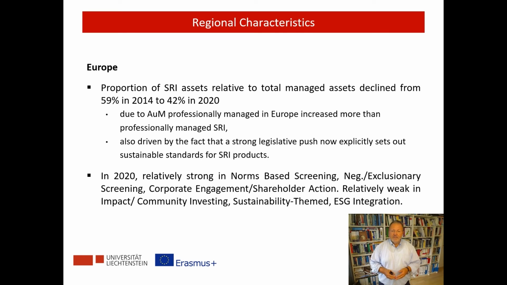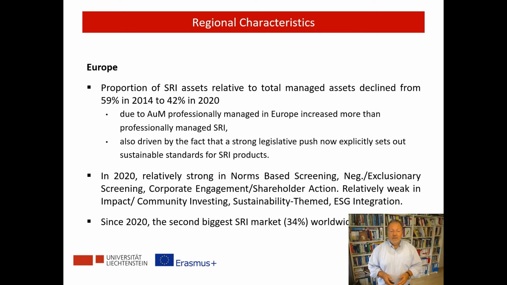In 2020, Europe was relatively strong in norms-based screening, negative exclusionary screening, corporate engagement and shareholder action, and relatively weak in impact and community investing, and sustainability-themed and ESG integration. Since 2020, it is the second biggest socially responsible investment market with 34% worldwide.